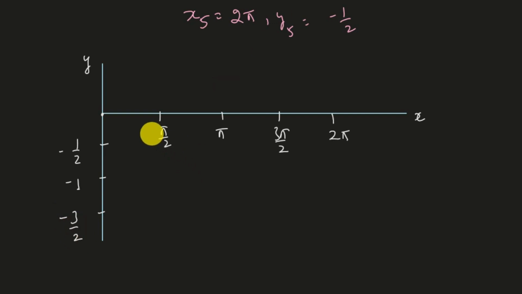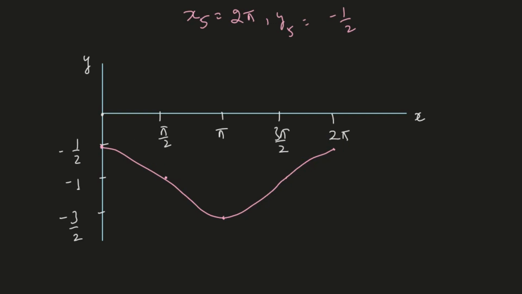And the points we have: when x is 0, y is minus 1 over 2. When x is pi by 2, y is minus 1. Then at pi, we have minus 3 by 2, then minus 1, and then again minus 1 by 2. You can join these points with a smooth curve like this.